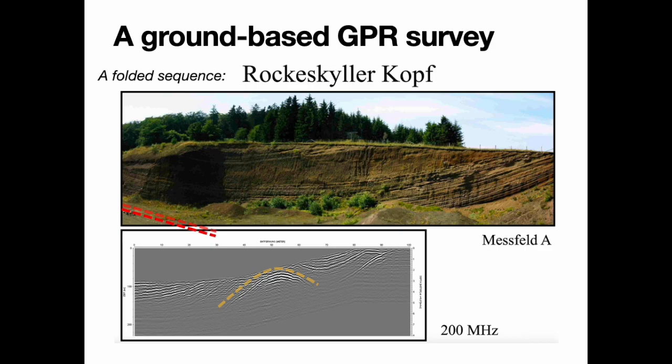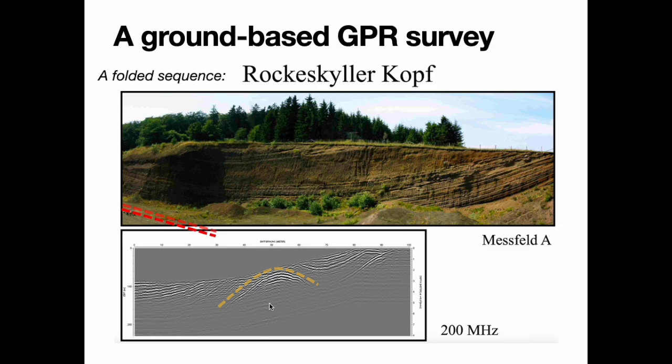It's an example of a survey made in a folded rock sequence. So you see a nice outcrop here with folded strata, which is outcropping, and here's the trajectory of people doing radar measurements. And these are some of the results that can be obtained.